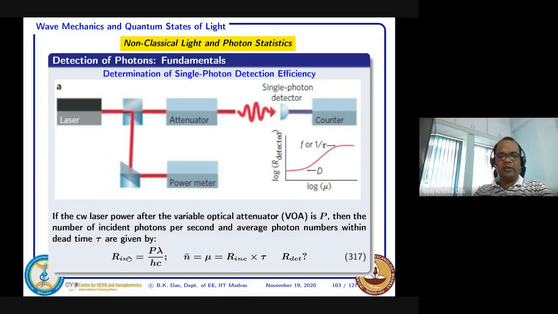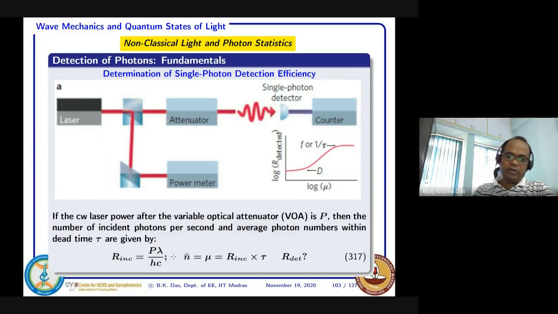So in that case, the incident rate of photons will be calculated as P lambda by hc, or P by h nu.